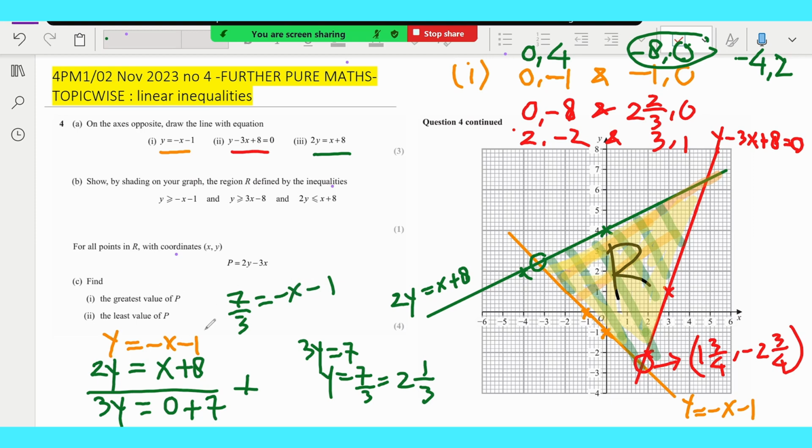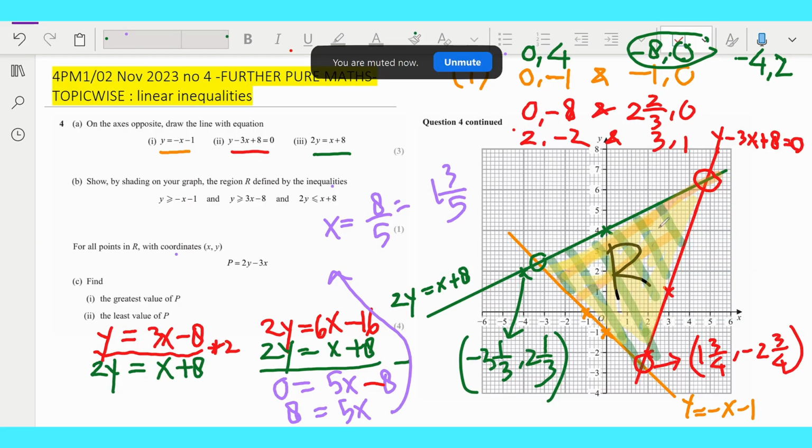We move x to the left, and then move the 7 over 3 to the right, minus 7 over 3. Then we will have the answer: minus 1 minus 7 over 3 is minus 10 over 3. So that is our coordinate. Minus 10 over 3 equals minus 3 1/3. So our coordinate here is minus 3 1/3, comma 2 1/3.